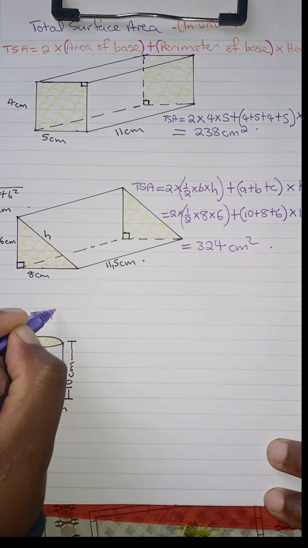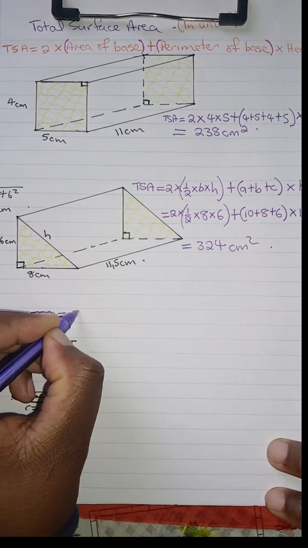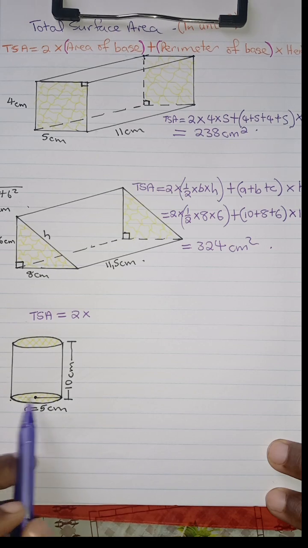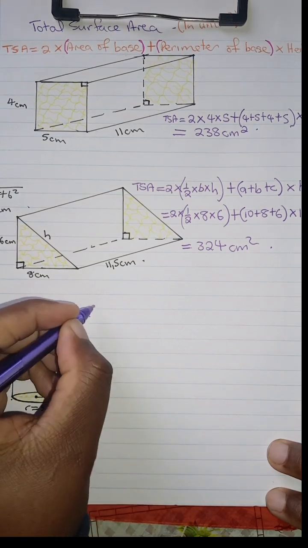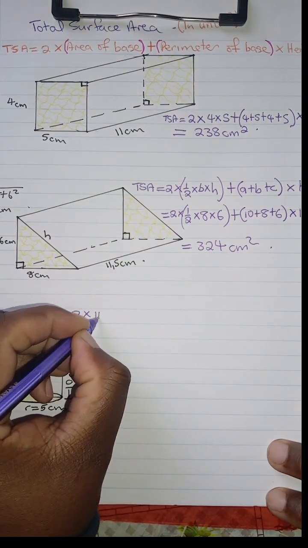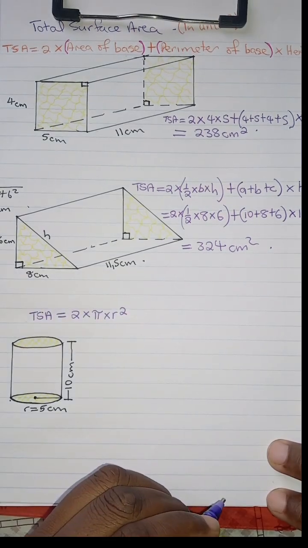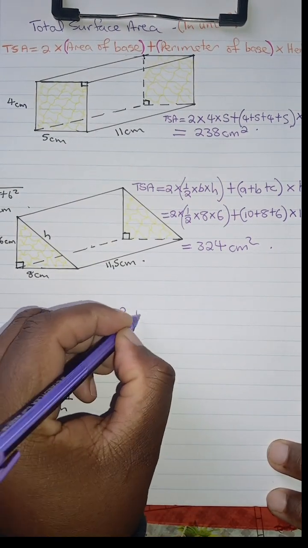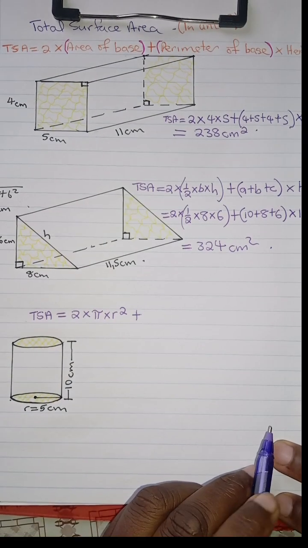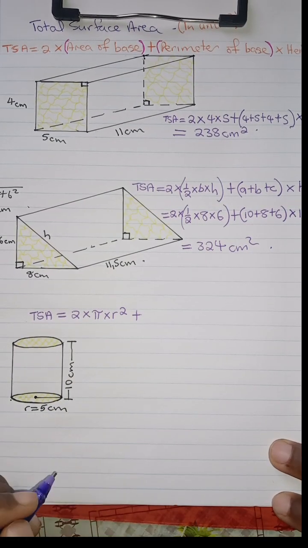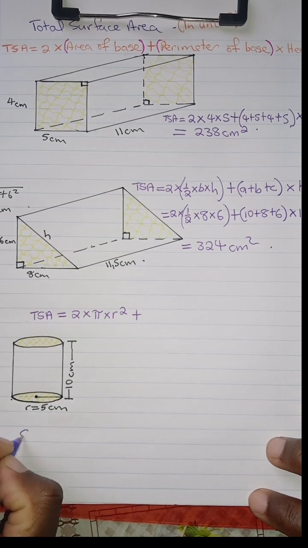Total surface area is equal to 2 multiplied by area of the base. This time our base is a circle, so area of a circle is pi times radius squared, and then plus perimeter of the base. Our base is a circle, so perimeter of a circle is equal to its circumference.